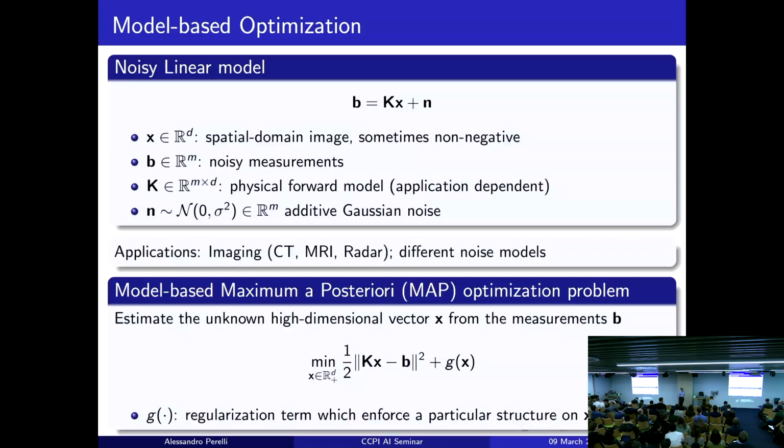Now, we are focusing here on the maximum a posteriori problem, where we want to minimize an objective function which has a data fit term, here the L2 norm because of the isotropic Gaussian noise, plus a regularization term to impose the structure.